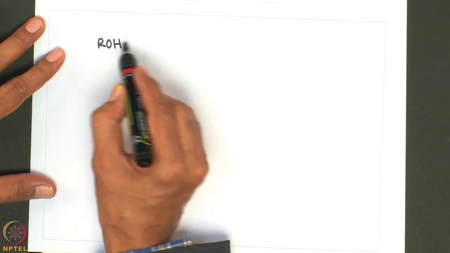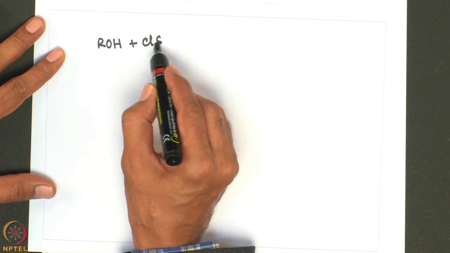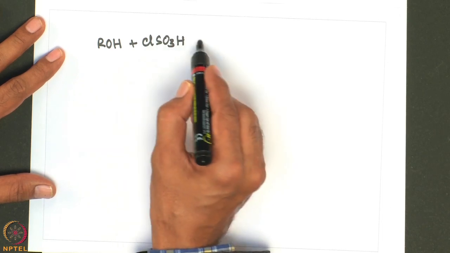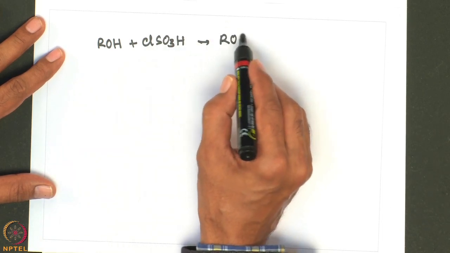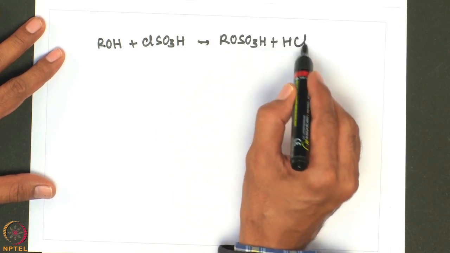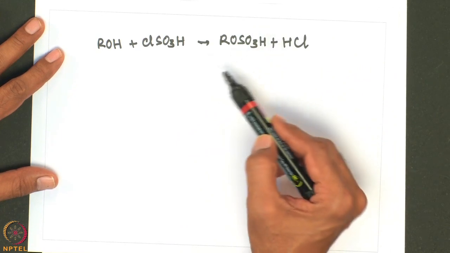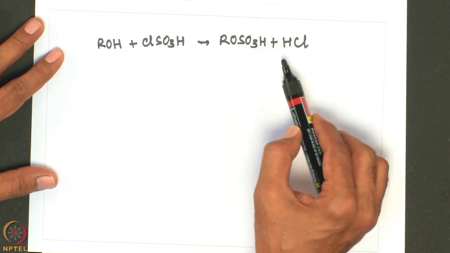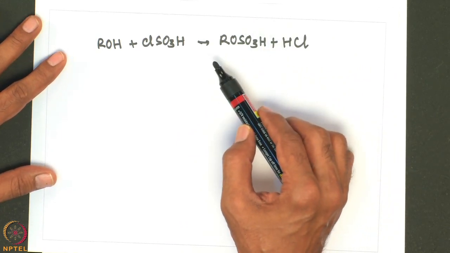For example, ROH plus ClSO3H gives ROSO3H plus HCl. Okay, so one can make here methyl or alkyl sulfates.